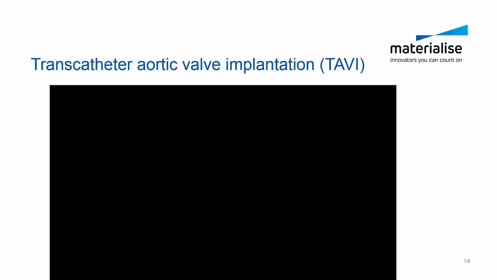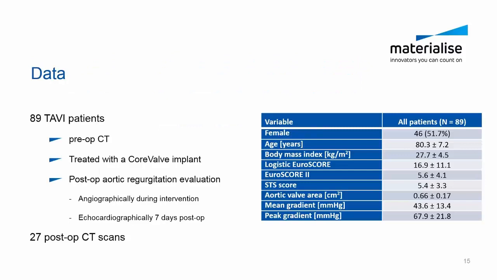And what we would like to do is incorporate the 3D geometry of the patient population into that process of creating those implants. So we started from a data set of patients from the University Hospital in Antwerp. It's 89 patients, about half female, half male, with an average age of 80 years.